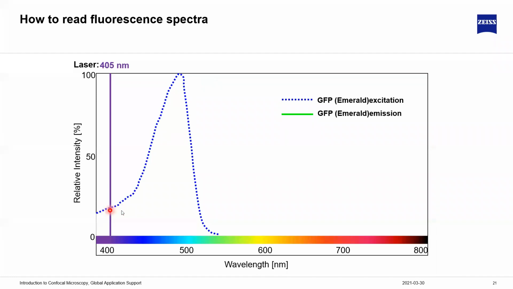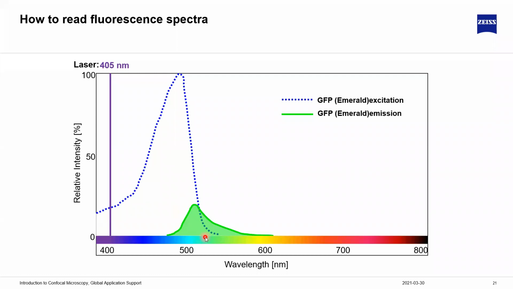Well, I can still excite the GFP. I will get some excitation in this range of the excitation spectrum. Of course, the emission of my GFP will be much lower in intensity, but I will still get my signal. So this can have positive and negative effects. Basically, you don't always need the exact same laser line to excite your fluorophores, so you don't have to be exactly precise with the laser line.